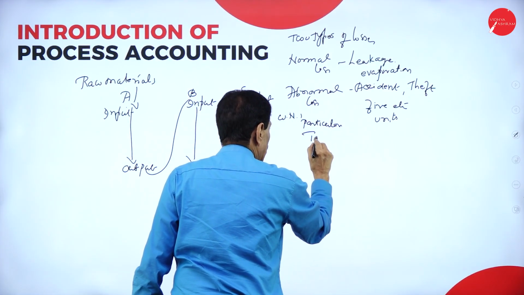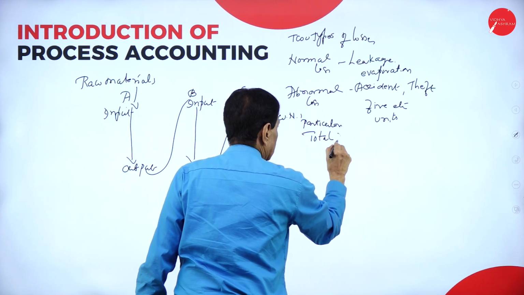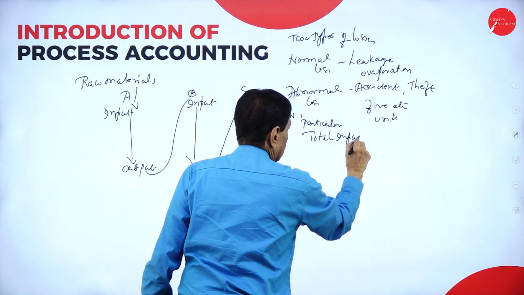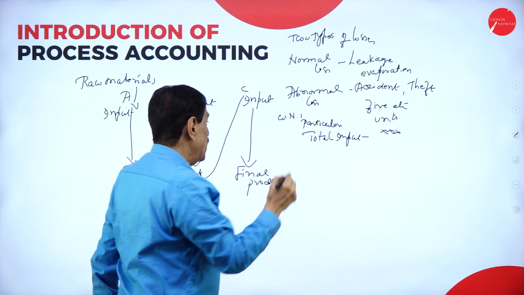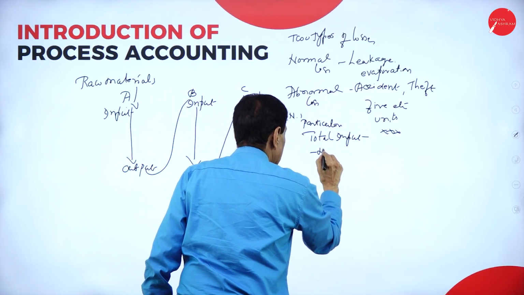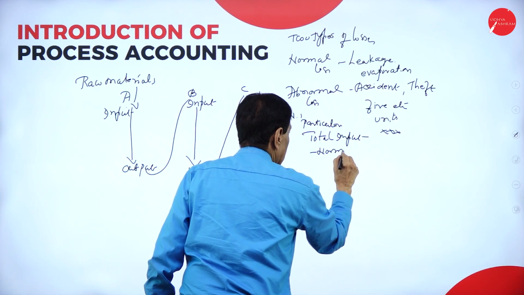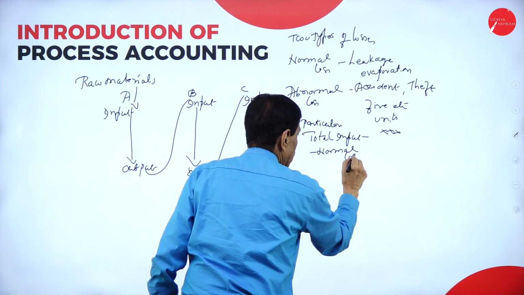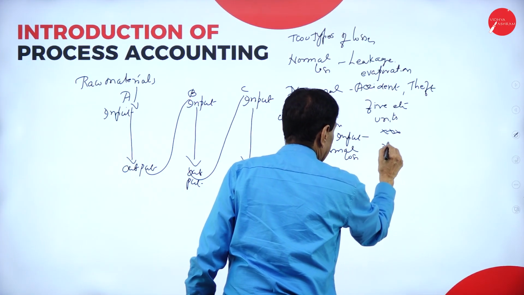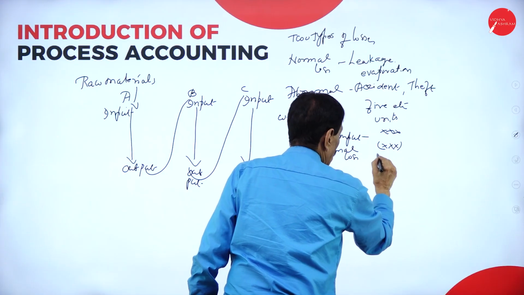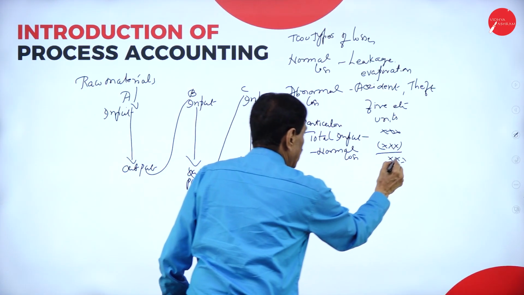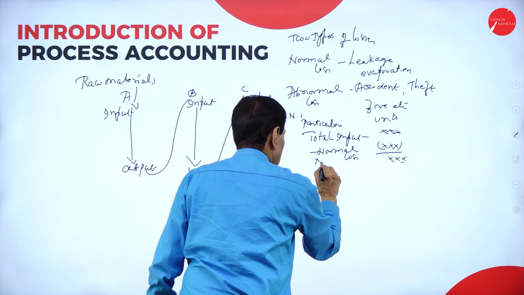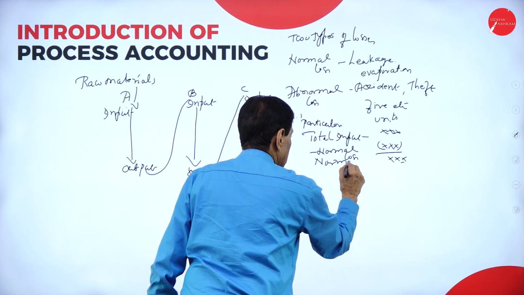Total input: whatever raw material you put, minus normal loss, that should be deducted. Whatever the answer comes is called in costing the normal output or standard output.